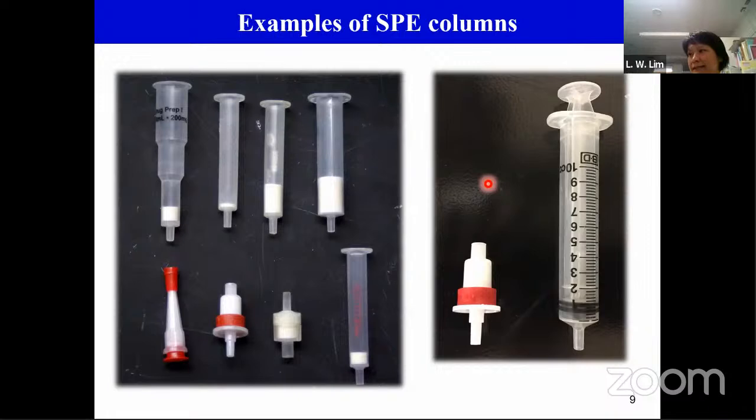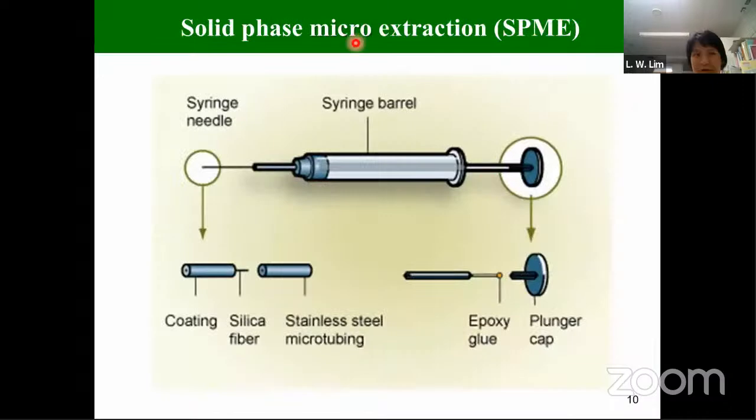Yeah. So anyway, more recently, there is solid phase microextraction, we call it SPME. This is more popular right now, especially for biological samples. For example, in a crime scene, when there's a crime happening and you only have a few drops of blood or something.